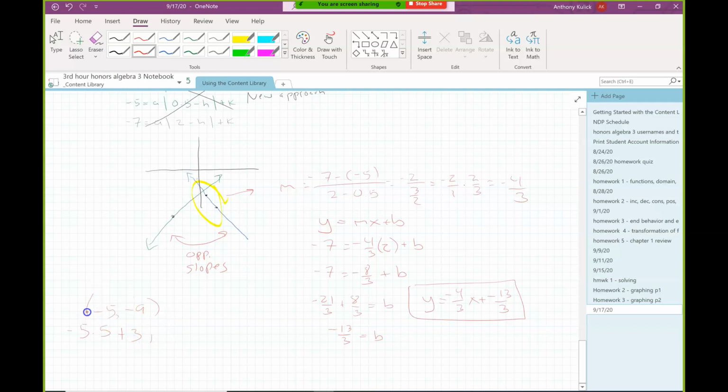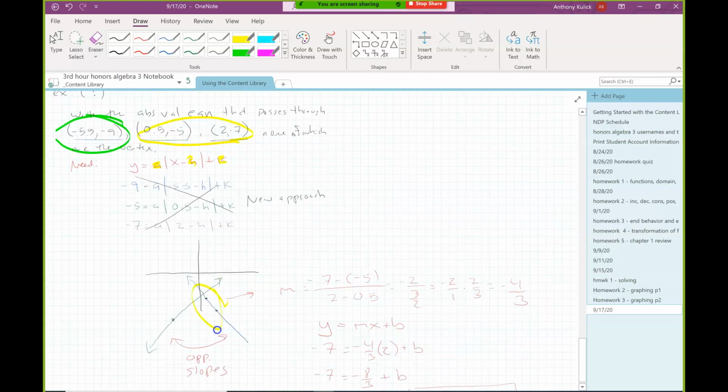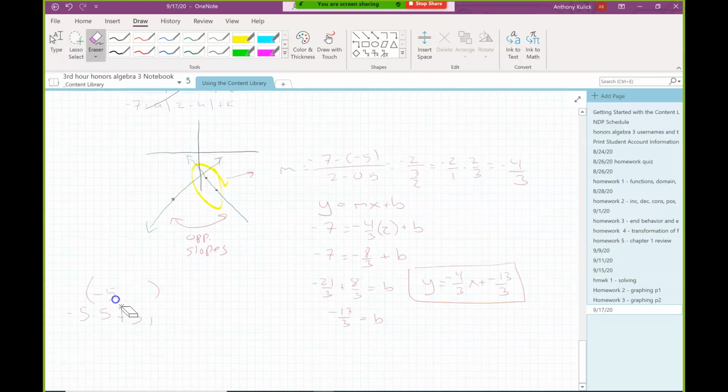So if I take that negative 5.5, excuse me, I can go 3 units to the right and 4 units up, and I'm going to get another point that is on my line, or I should get another point that's on my line.